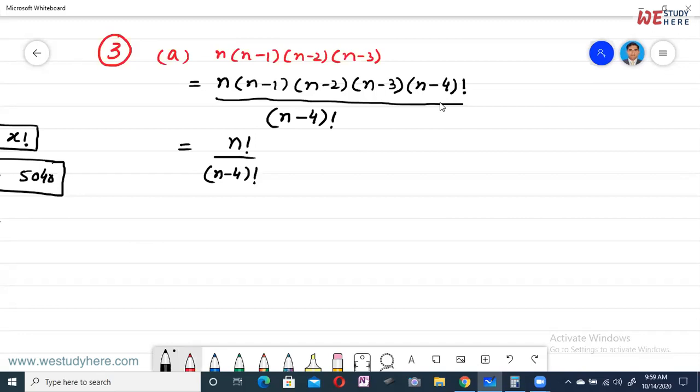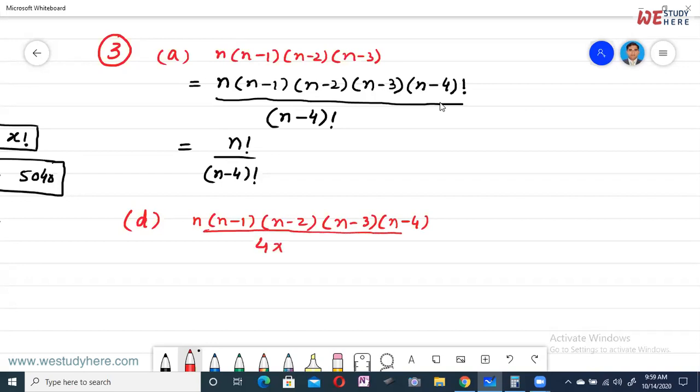In the last part of this question, part D, there is n into n minus 1 into n minus 2 into n minus 3 into n minus 4 divided by 4 into 3 into 2 into 1.